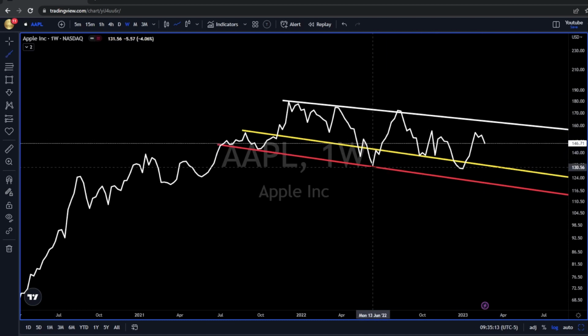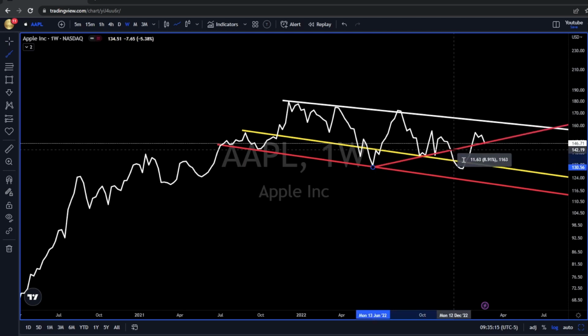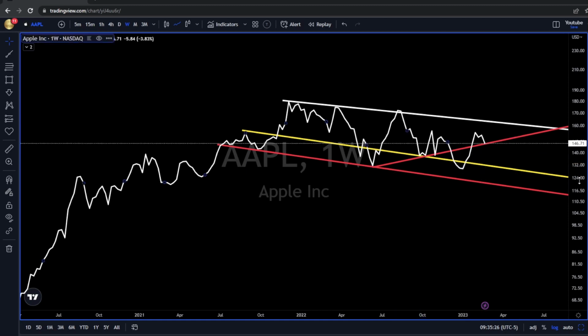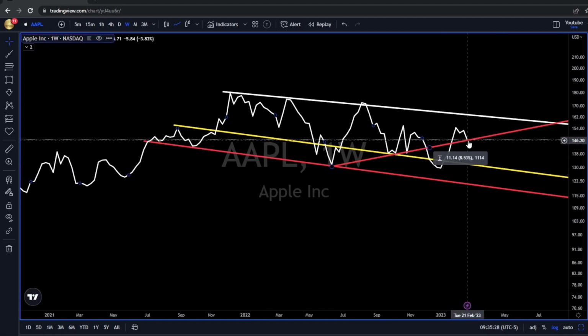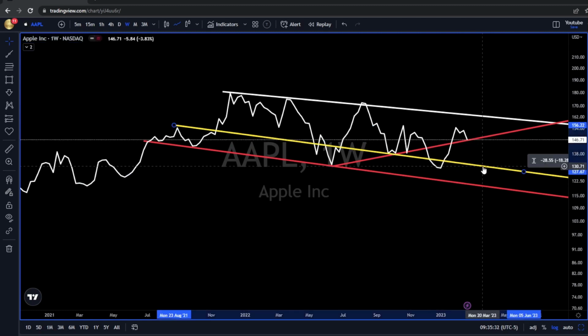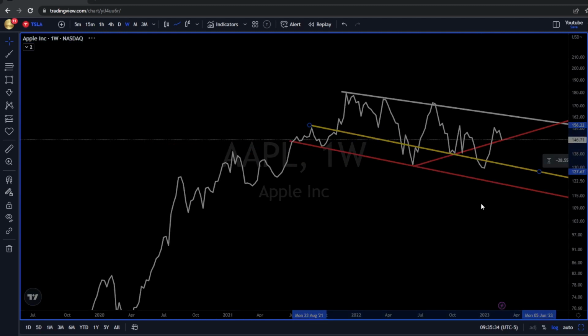Let's see, we have also this trend line over here, which holds low, low, low, and now, not surprising, price reached and is holding, trying at least to hold this trend line. Failing to hold, yellow trend line is next.